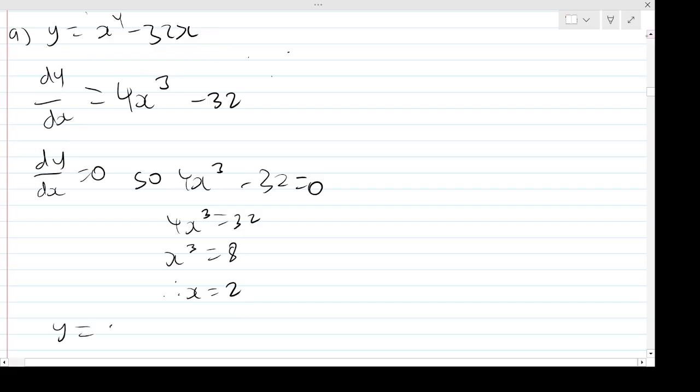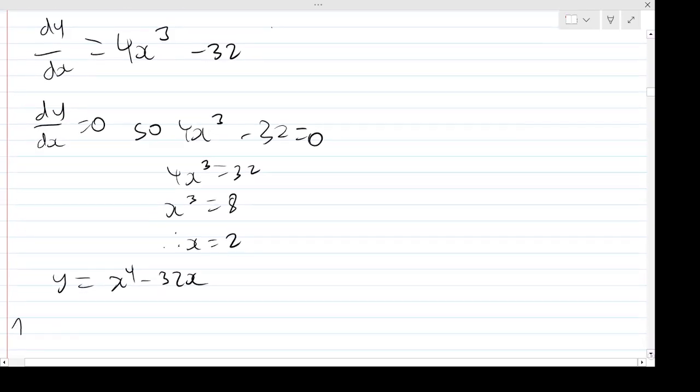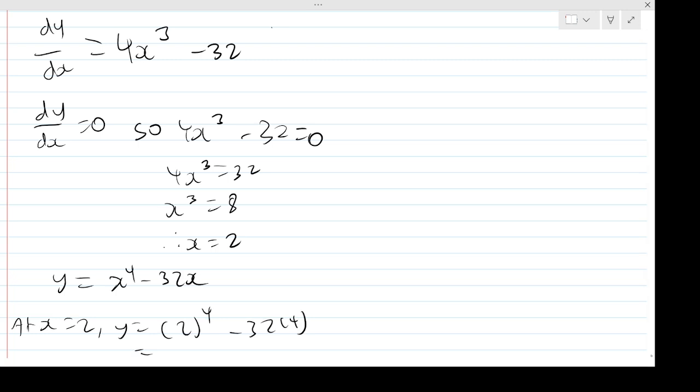At x is 2, y is going to be 2 to the 4 minus 32 lots of 2, which is minus 48.